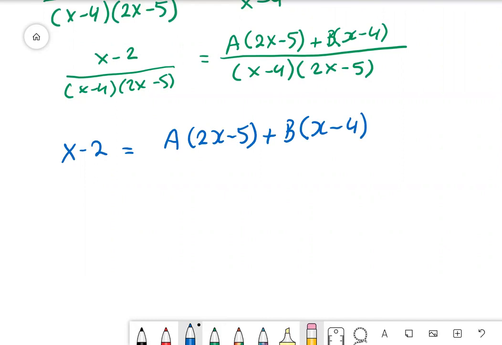So now we are looking for the value of x to find a and b. So we need the value of x that makes it 0 inside the bracket. So let's say x equals 4.